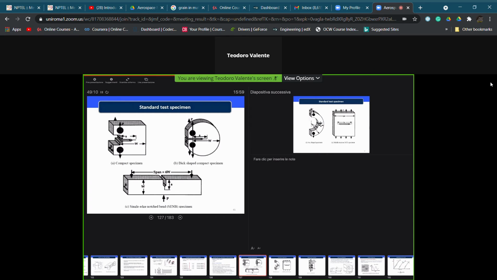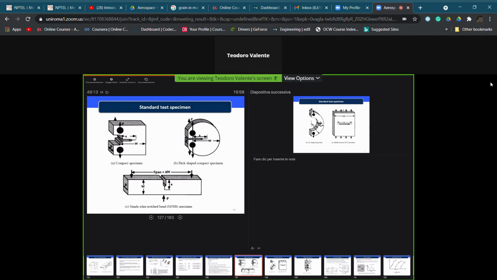These are some examples, just to give you an idea of standard test specimens, which are usually used, at least the first two, under tensile loading. We have the so-called CT specimen, which is the compact type specimen, in which you see here we do have very defined geometrical features of our specimen, a pre-existing crack here, which is usually inserted inside the specimen by pre-fatigue loading of the specimen itself.